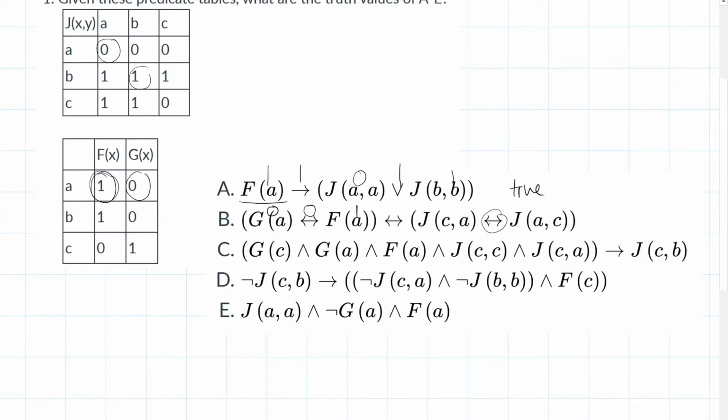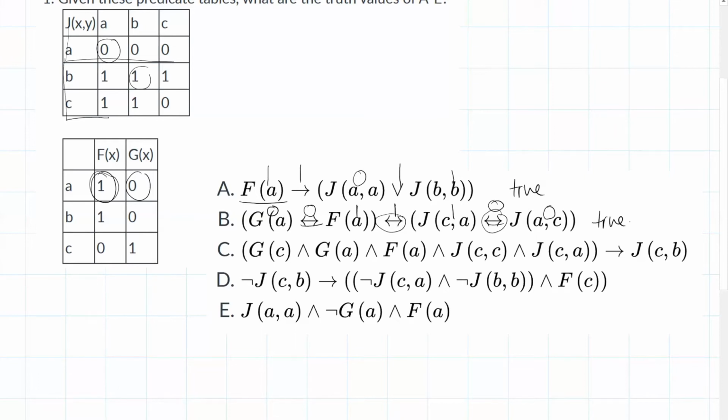And for the second biconditional, JCA is 1 and JAC is 0. So this biconditional, they have different values, so the biconditional is false. Now looking at this main one, it's comparing false to false. So it is true. So the truth value of B is true.